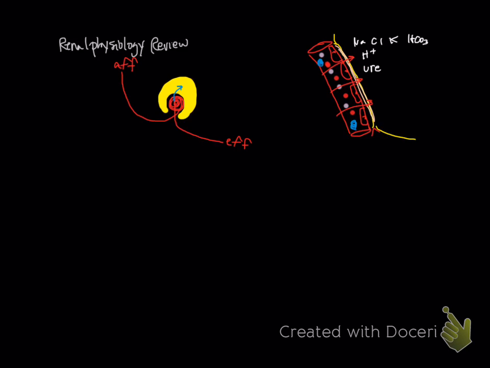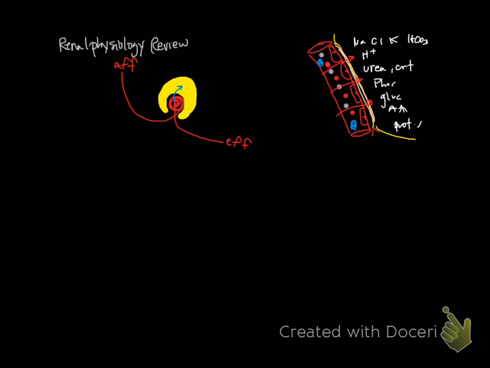It contains waste products such as urea and creatinine, phosphorus. It contains things like glucose and amino acids. And it also contains very small proteins.